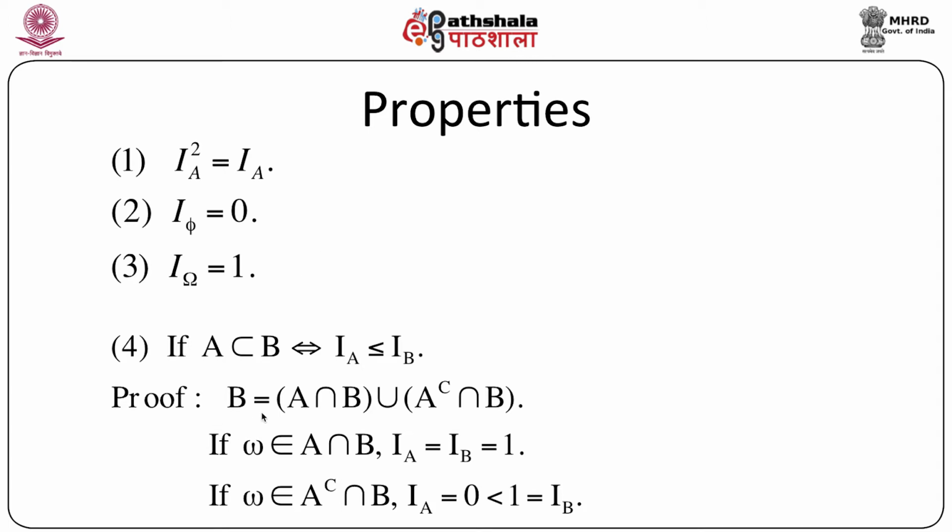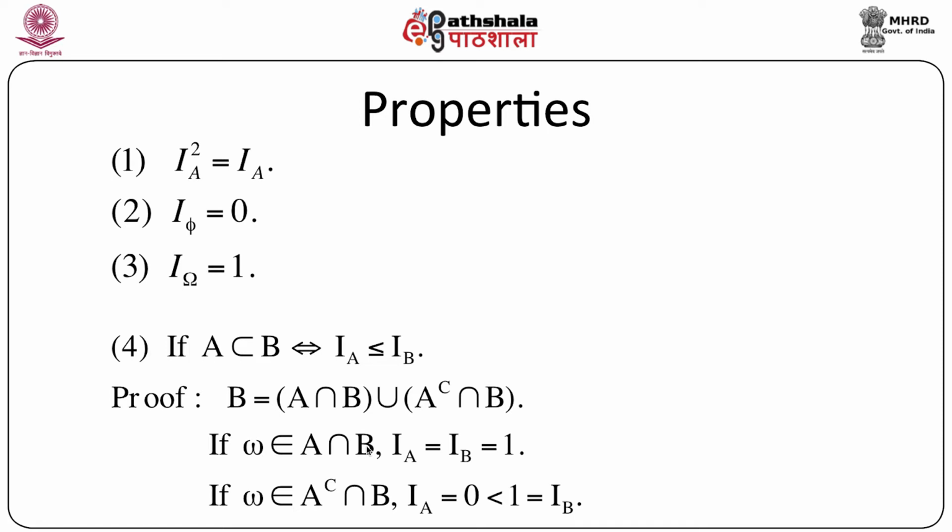We can always write any set B as (A intersection B) union (A complement intersection B). Now if omega belongs to A intersection B, then of course I_A equals 1 and at the same time I_B equals 1. That means I_A(omega) equals I_B(omega) equals 1.